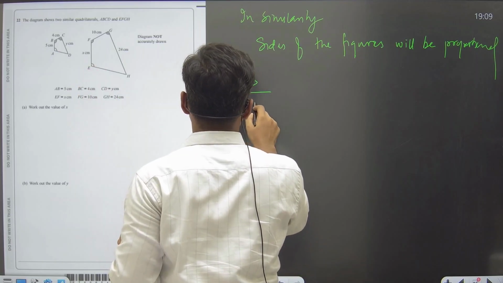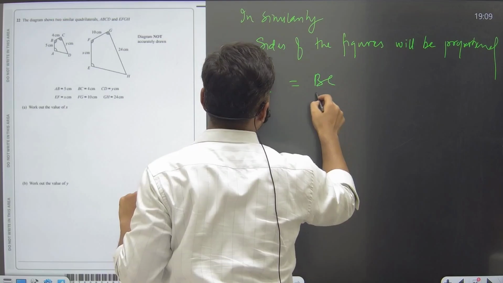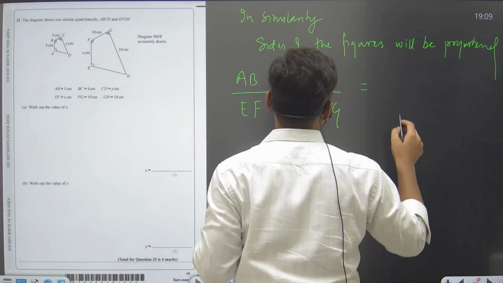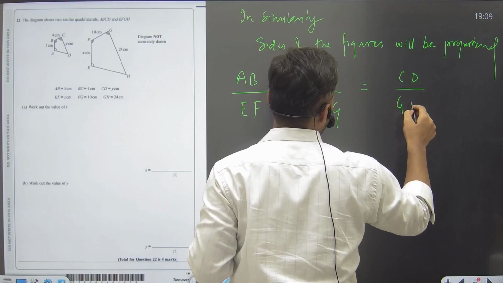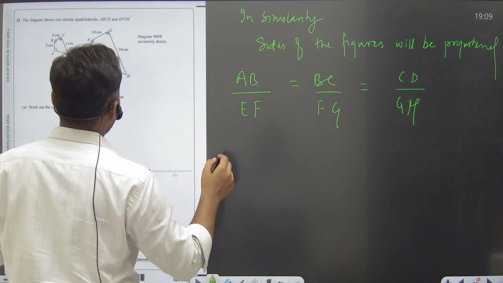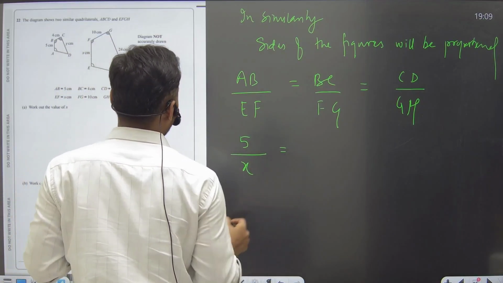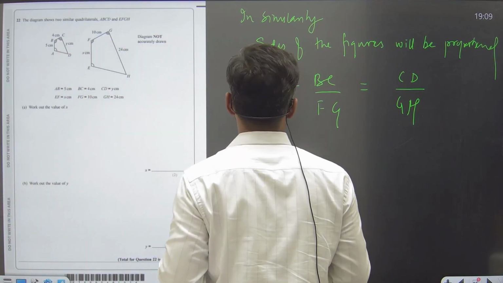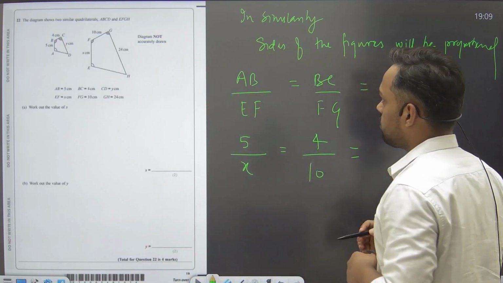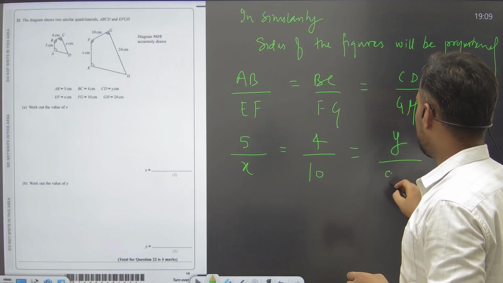So AB by EF will be equal to BC by FG, equal to CD by GH. Now AB by EF: AB is here 5 upon EF, EF is X. BC by FG: BC is 4 and FG is 10, equal to Y by 24. CD is Y. GH is 24.